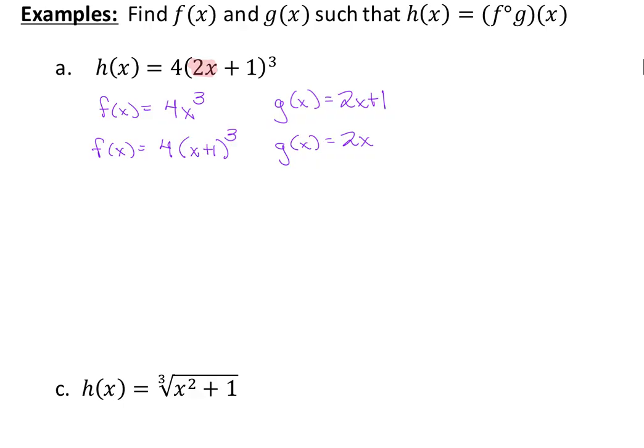There are a couple other ways that we could do this. We could say that g of x is equal to this whole thing, the 2x plus 1 cubed. If we do that, g of x is equal to (2x plus 1) cubed, and f of x is equal to 4x.